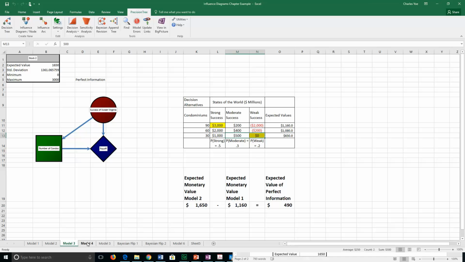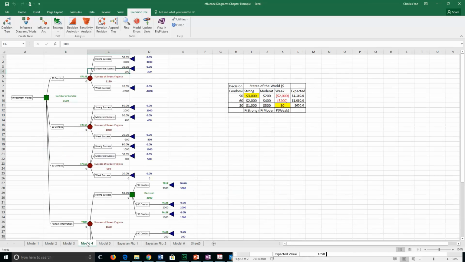Let's look at the corresponding decision tree. We have 4 decisions at the outset: 90 condos, 60 condos, 30 condos, or purchasing perfect information. The top 3 branches from the decision node lead to chance nodes that show us the expected value of each development size under uncertainty.